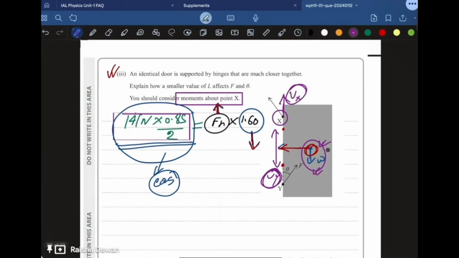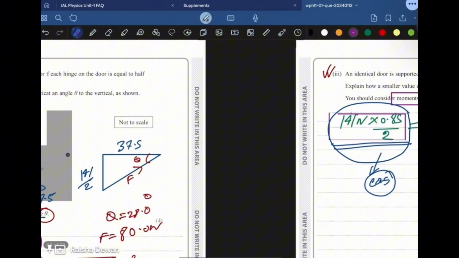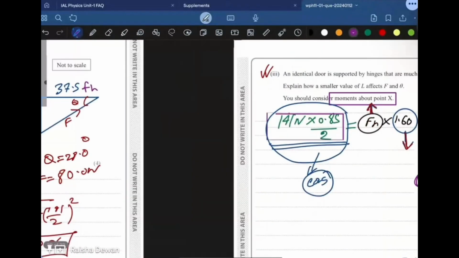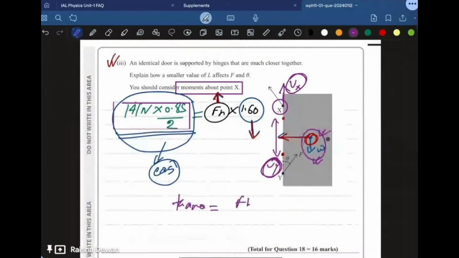Now let's figure out this formula, which was tan theta is equal to fh by fv, right? This was our fh and this was our fv. So when we use the formula tan theta, we use fh by fv.